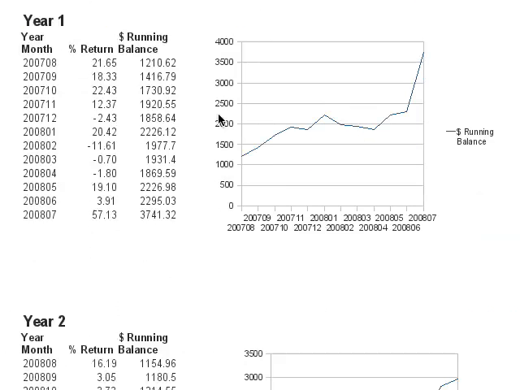You can see year one is a lot more consistent. We didn't have that big drawdown. We have actually increased our overall return. Instead of just under 3, we're up to 3,700, and our drawdown is much better, around about 13-14%.